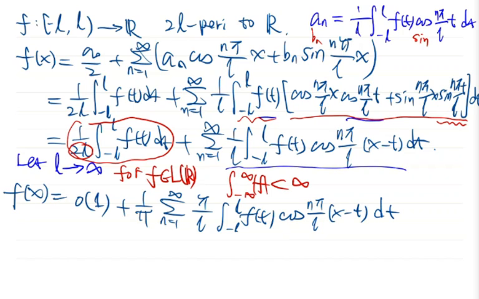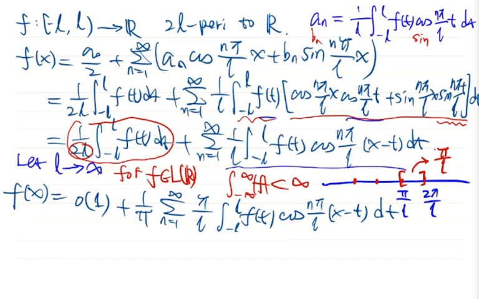Okay, so this can be considered as making some partition of the real line. This is the real line. The partition points are pi/L, 2 pi/L, and so on. The length of the partition, that is the distance between these two points, is pi over L.